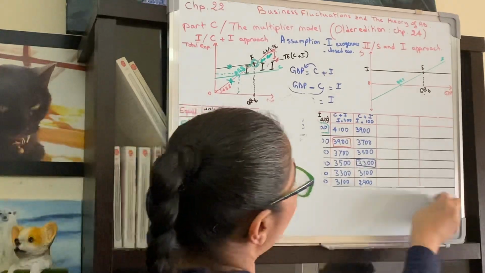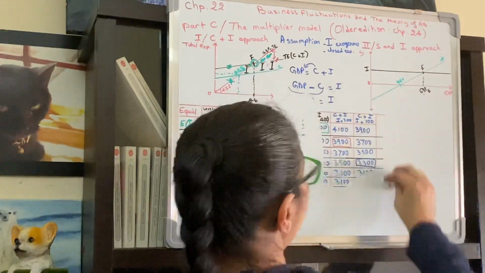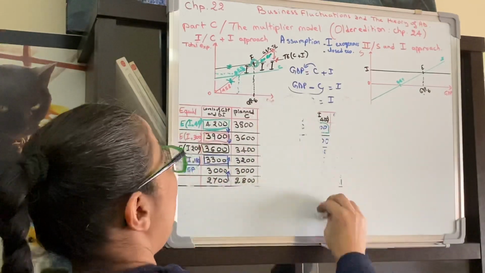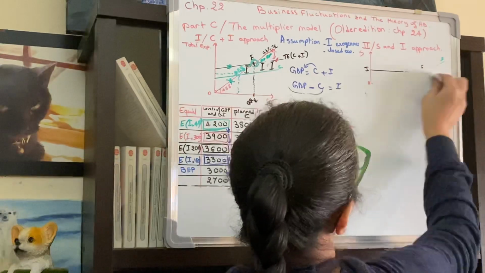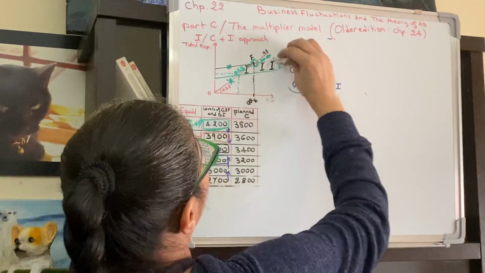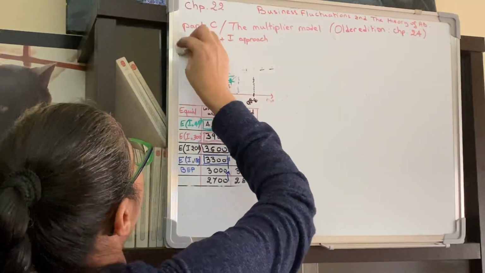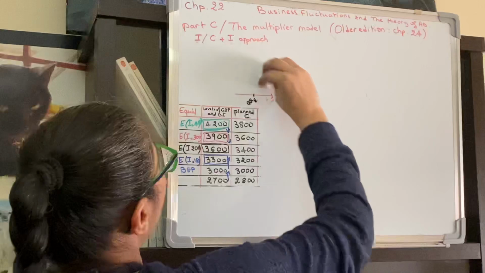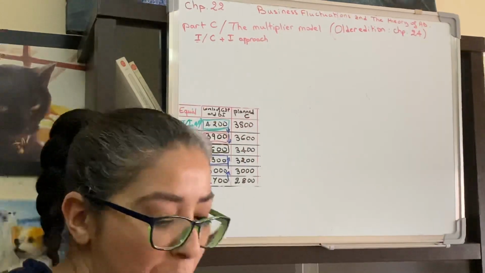And now I'm going to try to find my consumption function, and I'm going to do it mathematically instead of doing it with the table. So first I'm going to use the C plus I approach, and then I'm going to use the S and I approach.